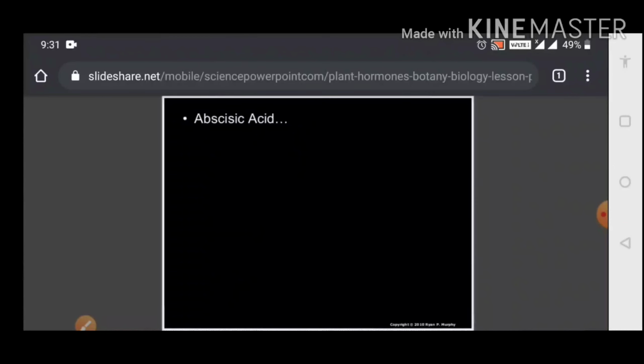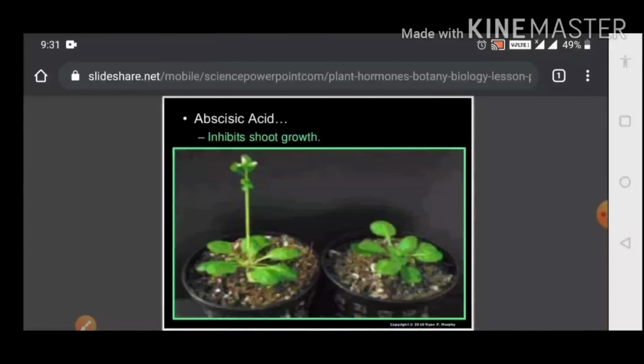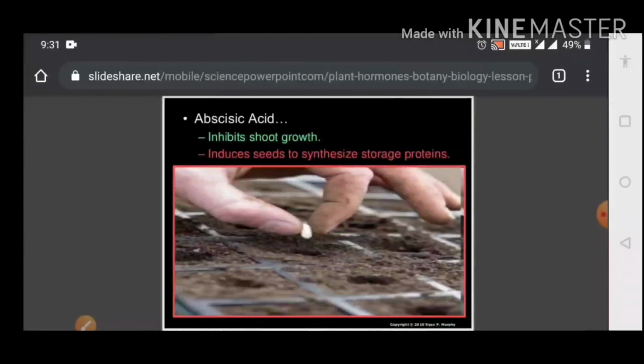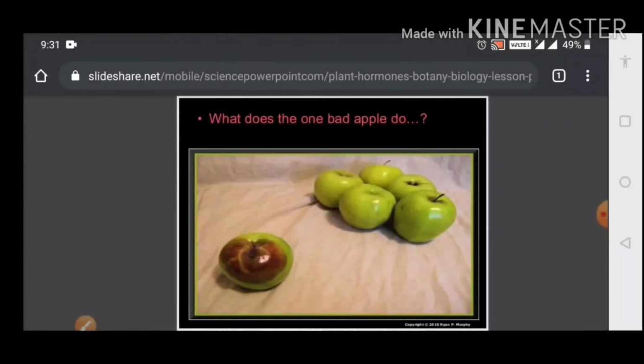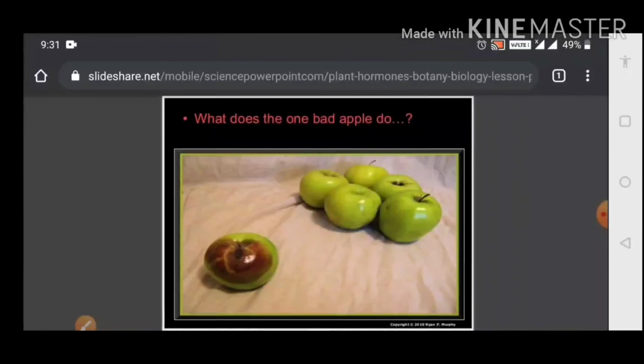So abscisic acid has other functions, like it inhibits the shoot growth, it induces seeds to synthesize storage proteins, it helps to recognize and fix wounding on injured plants. So useful this plant hormone is.